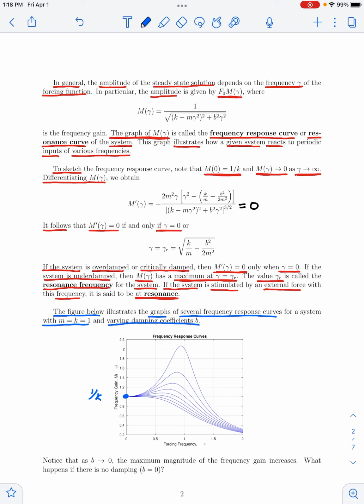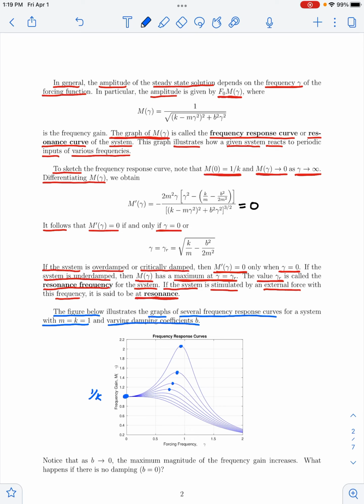And then we have these peaks which are occurring in my frequency response curve at the resonance frequency when gamma is equal to gamma r. And here these different curves that we're showing correspond to different damping coefficients, b.